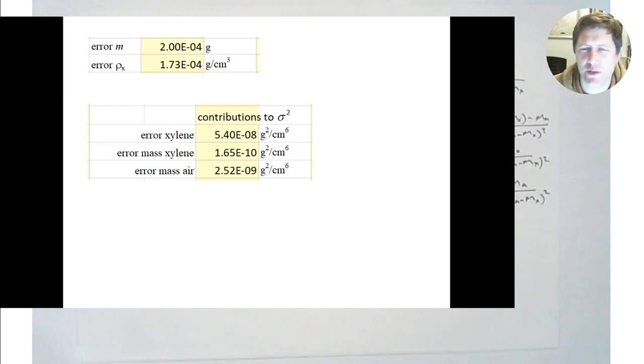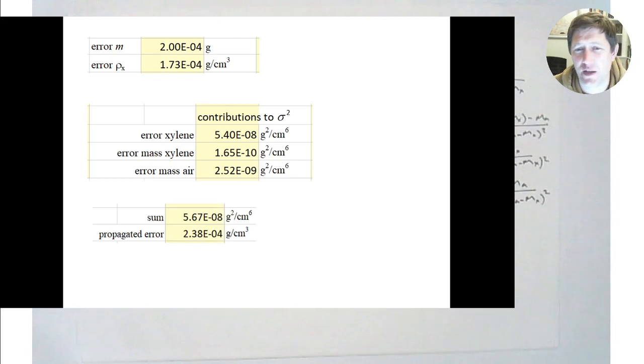There's the one from the xylene density measurement, there's the one from the mass of the sample in xylene, and there's the one from the mass of the sample in air. And you can see they're quite different actually. This one is the largest at 5 times 10 to the minus 8. This one is the smallest at 1.6 times 10 to the minus 10. Obviously we then add those up and then take the square root, and this gives us the propagated error.